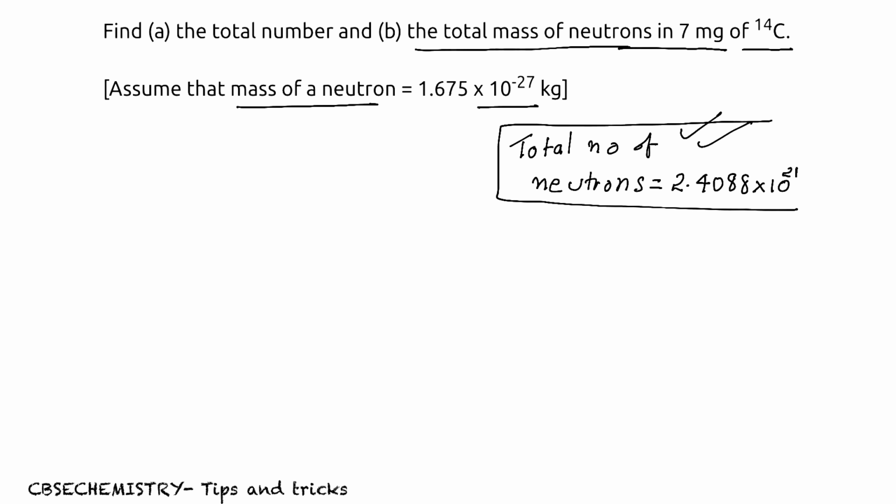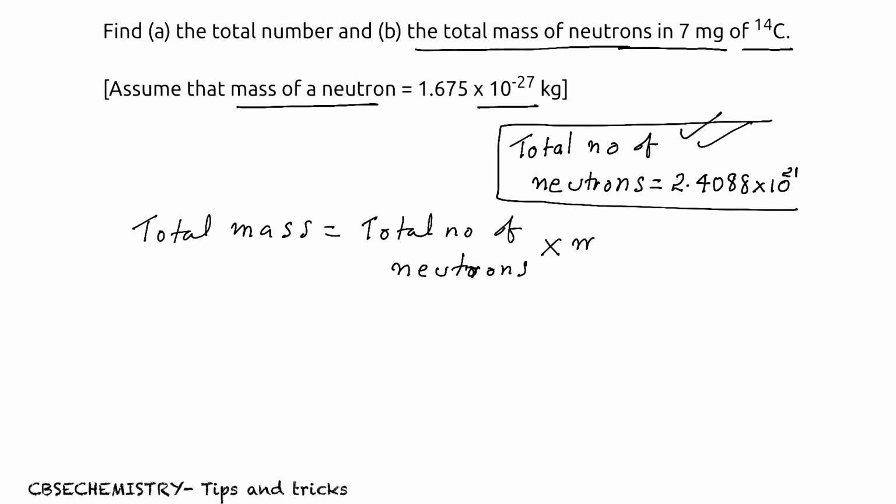You know the mass of one neutron and you know the total number of neutrons. Then how to find total mass? Simple, right? Total mass of the neutrons is equal to total number of neutrons into mass of one neutron. Correct? Easy calculation, right?